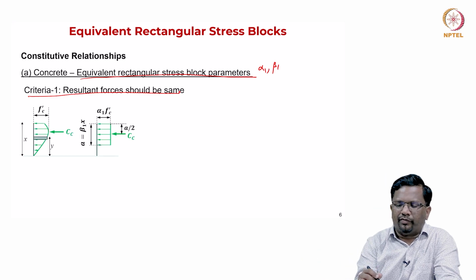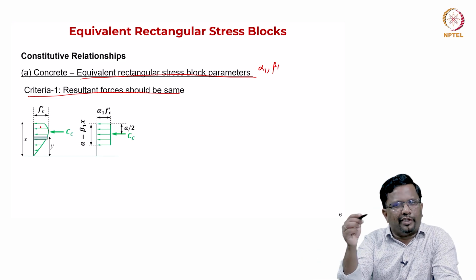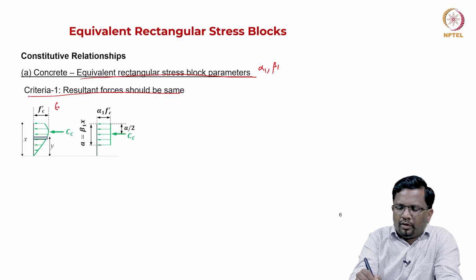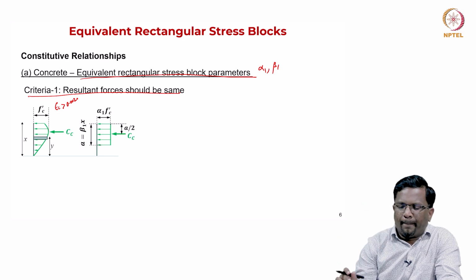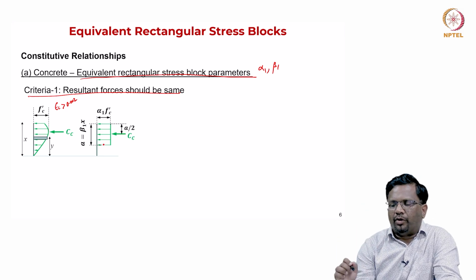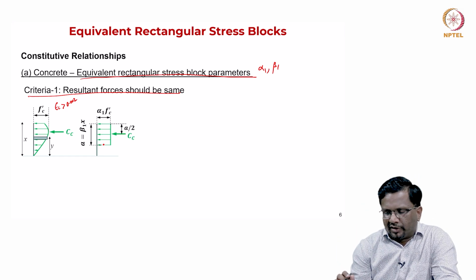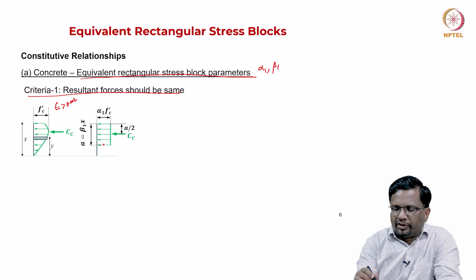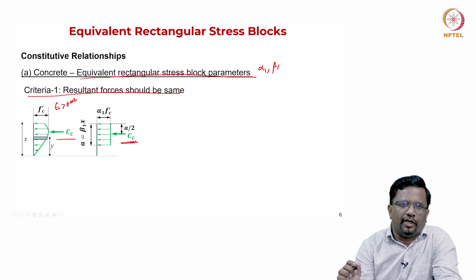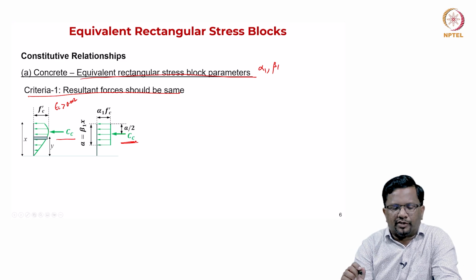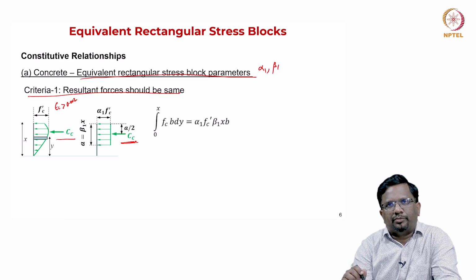For example, here I am considering epsilon c to be greater than 0.002. Then only you will have the descending portion, right. This area I want to equate to this rectangular block, right. So, the C from the actual stress block and C from the rectangular block have to be the same. That is the first condition, the resultant forces should be the same.